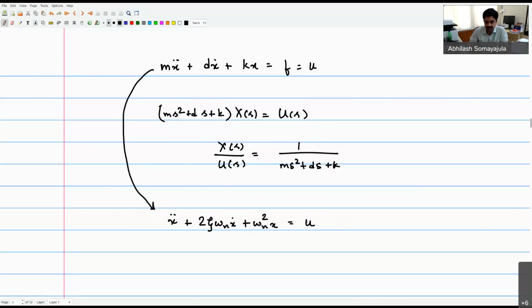Notice that this control input is now a scaled version of the original control input, so I'll call the original one f to make a distinction between them. So u here will be nothing but f divided by m. And similarly, the natural frequency of the system omega n squared will be k divided by m, and zeta is the damping ratio.